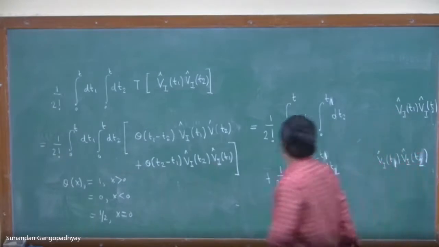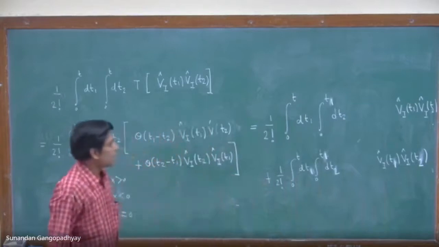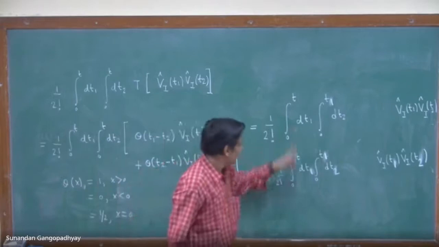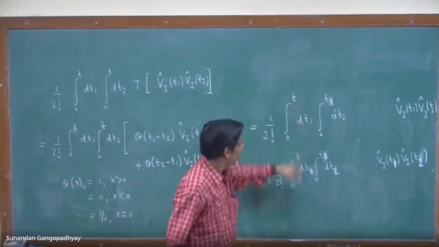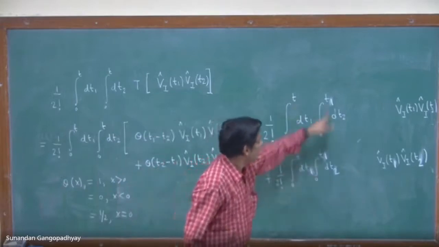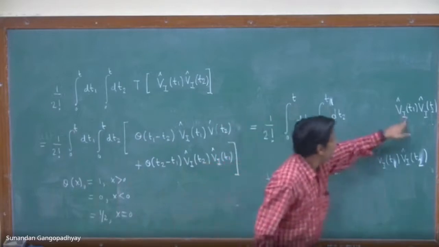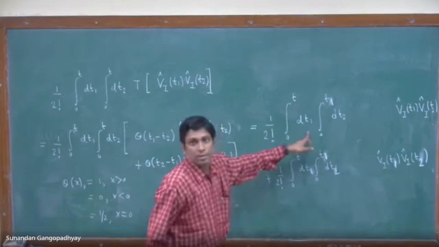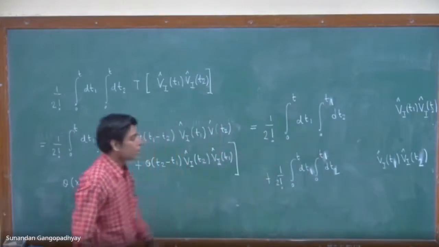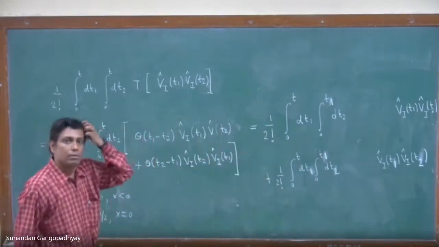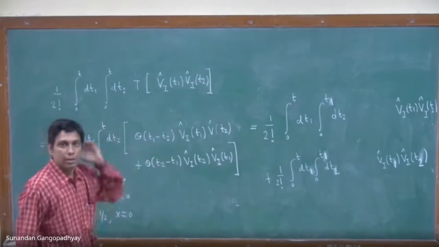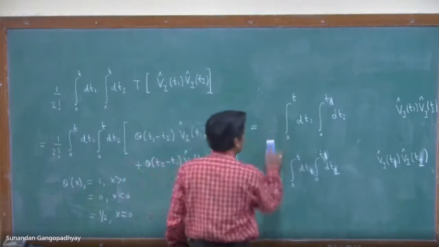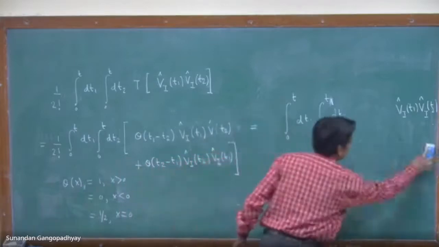Now you can see that something interesting has happened. This term is from 0 to t dt1, 0 to t1 dt2. We had a t1, we had a t2, and you can see that this term is basically the same as this term. Just compare the two terms, and you'll see that both of them are actually the same. Therefore, they will add up, and the final result will be this.